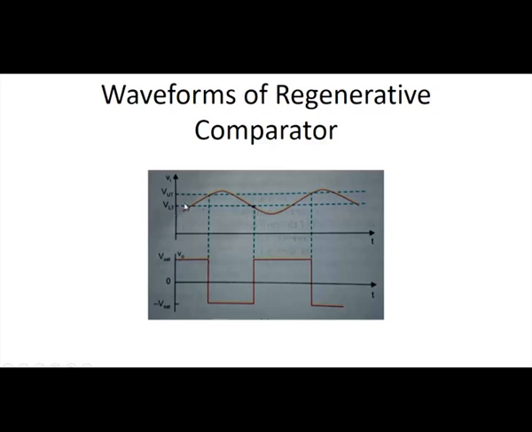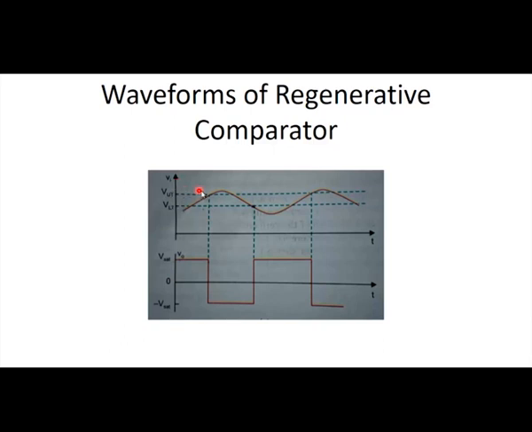Now, we have to compare the input signal and the threshold voltage. Here we consider this VUT first. The threshold voltage, we know, is given to the positive terminal and Vi is given to the negative terminal. So, Vi is lesser than the threshold voltage, so the output is positive V saturation.